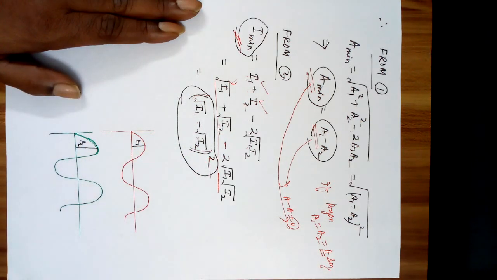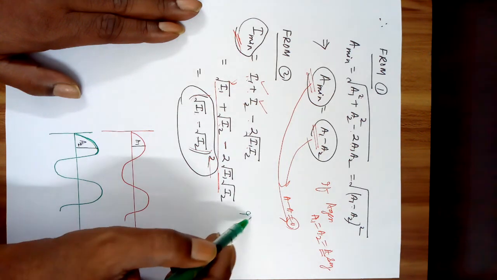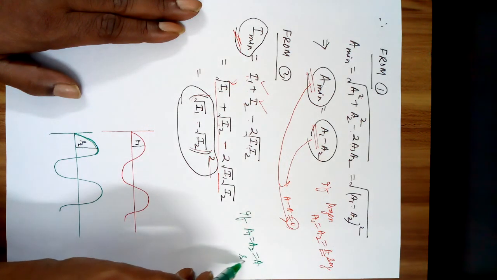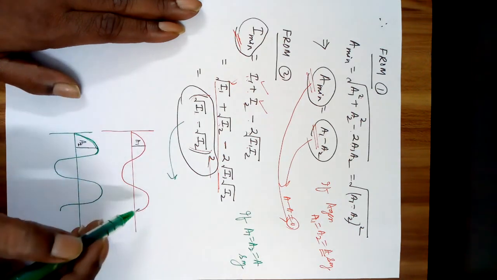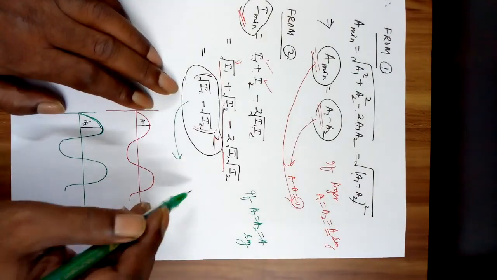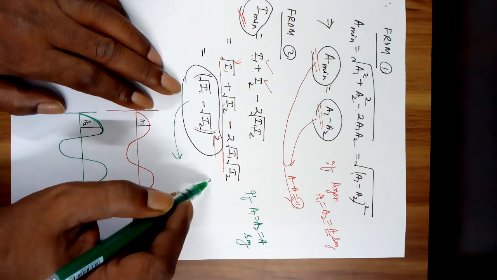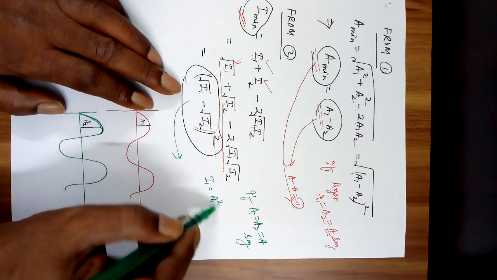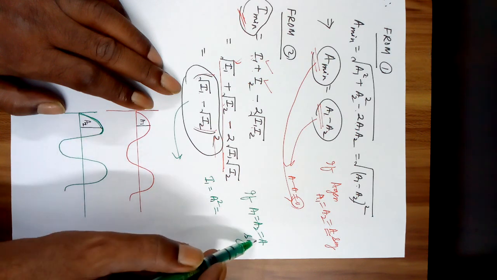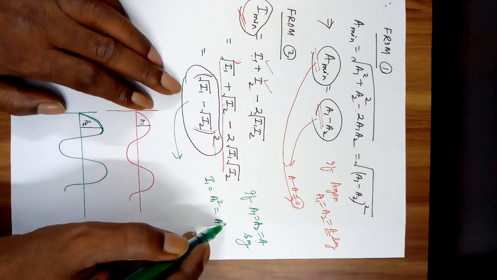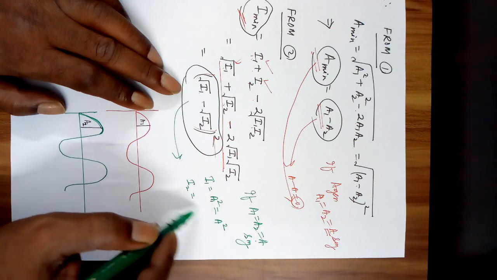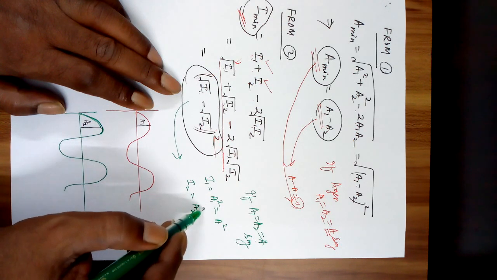And similarly here also, if A1 is equal to A2 is equal to A, suppose, then how much will be this? Now your I1 was equal to square of A1. Now your A1 is equal to A, so it is equal to A square, and your I2 is equal to square of the amplitude.